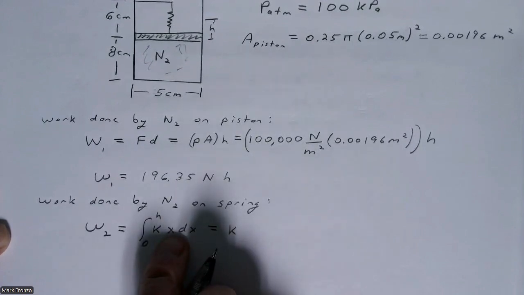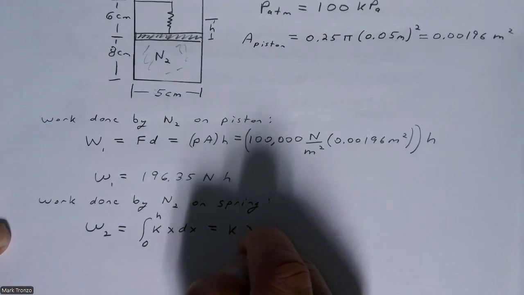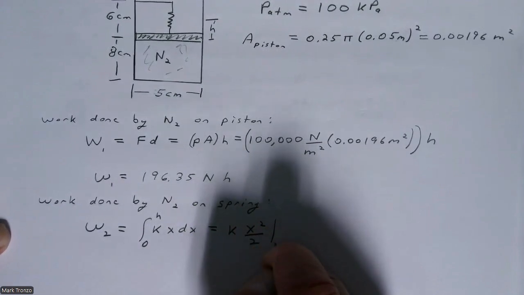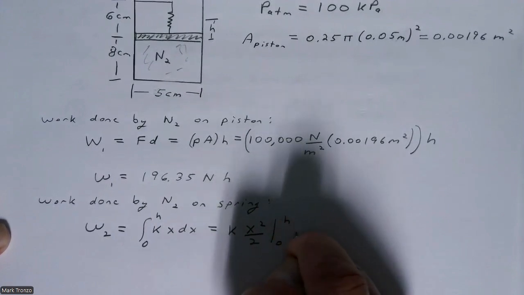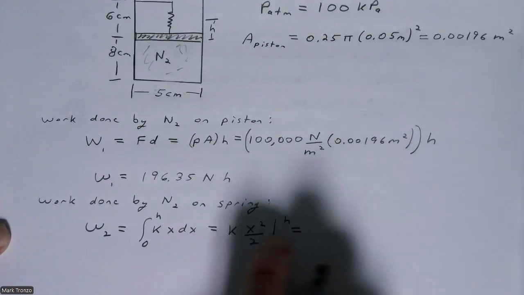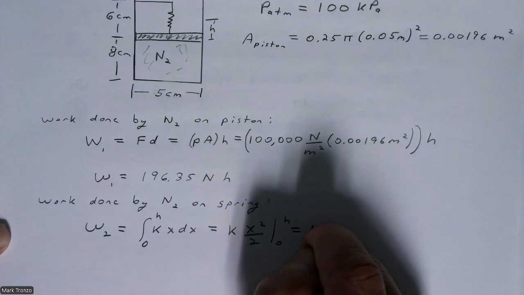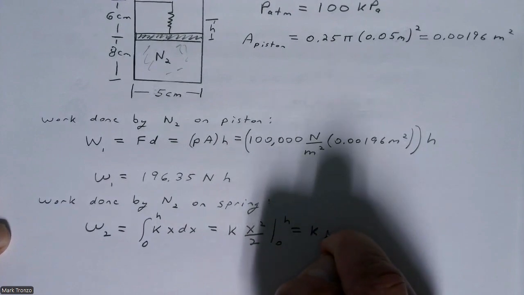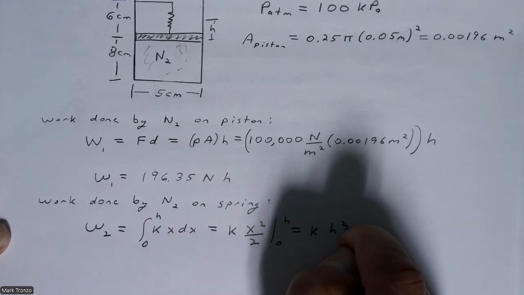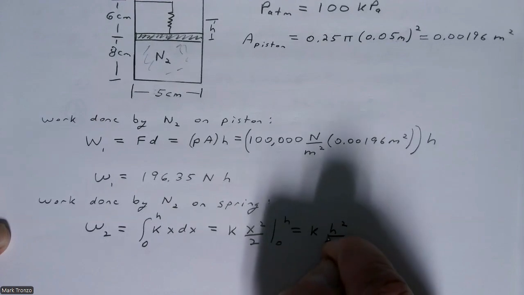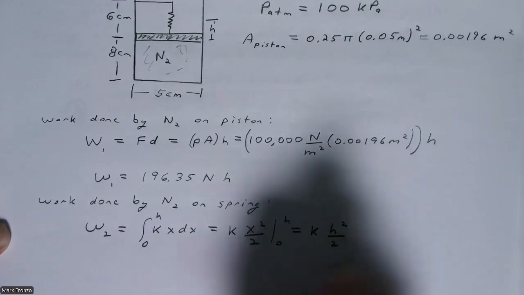If we integrate x, that's going to be x squared over 2 from 0 to h. And then we can factor out our k, and we'll end up with h squared over 2 minus 0.